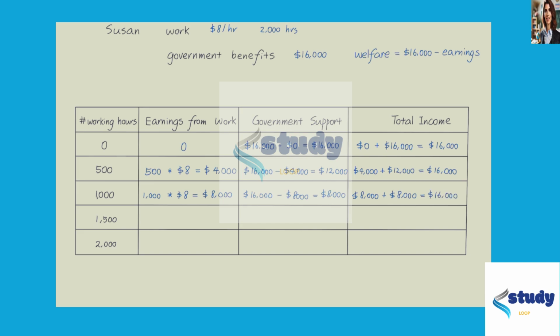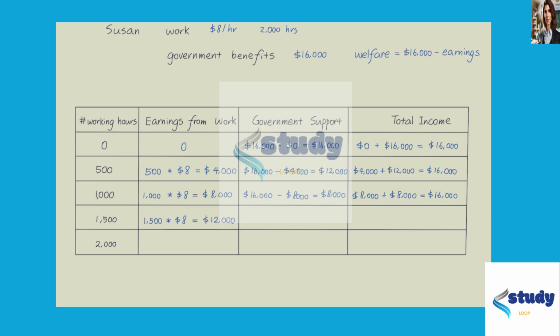When Susan chooses to work for 1,500 hours per year, her earnings from work will be 1,500 times $8 per hour, which is $12,000.